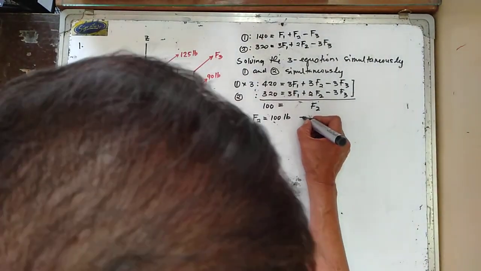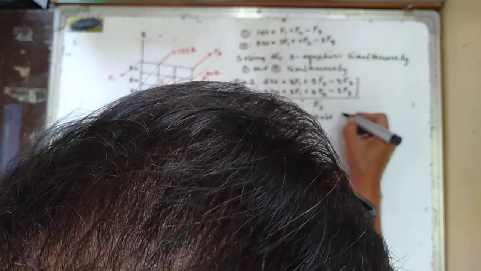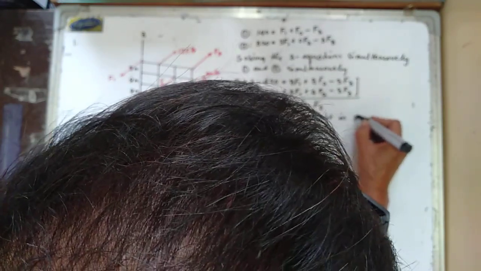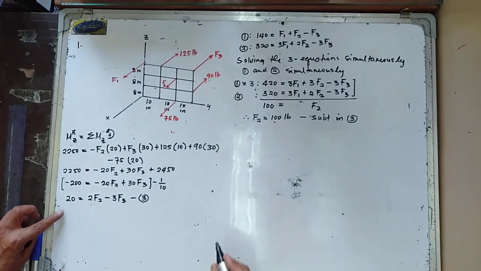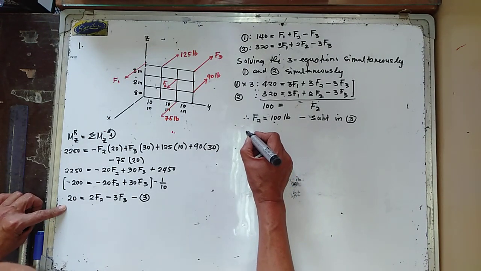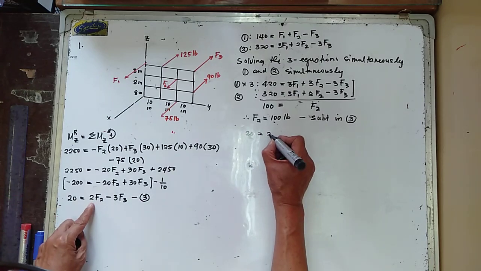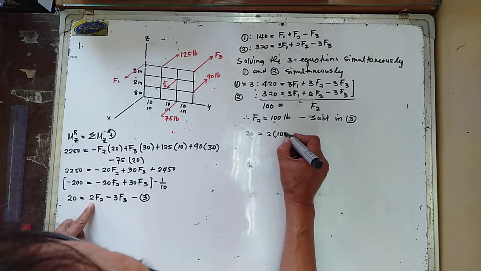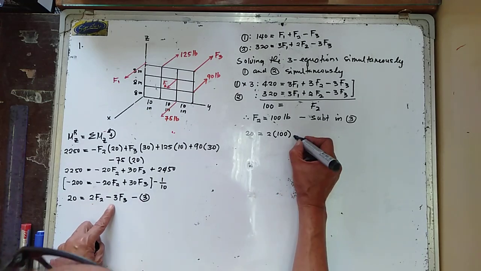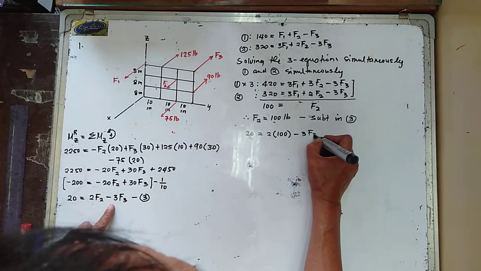So let us try to substitute this one in equation 3. So this is your equation 3. We have 20 is now equal to 2 times F2, which is 100 pounds, minus 3F3.